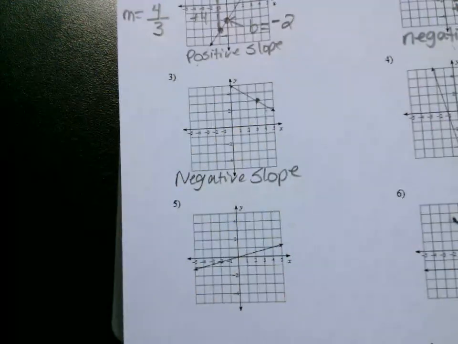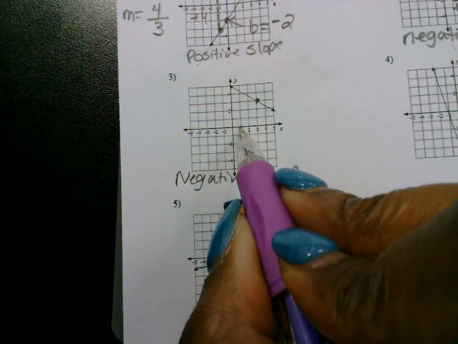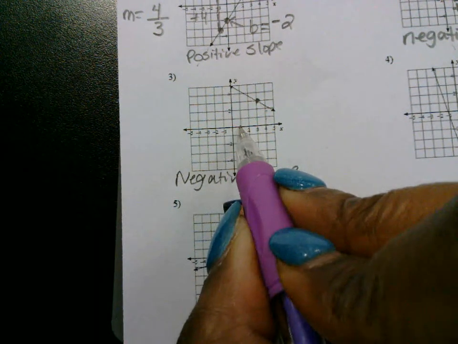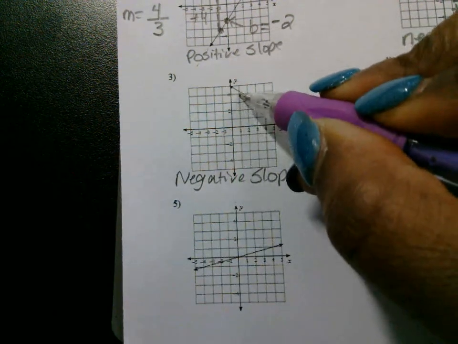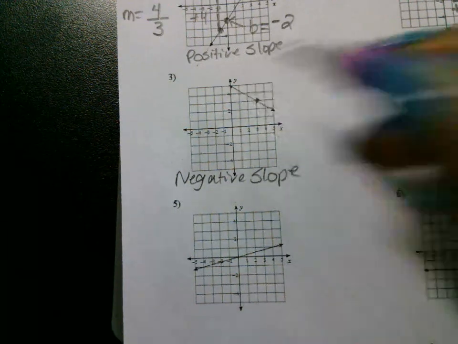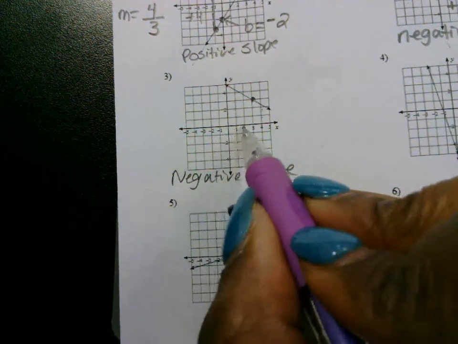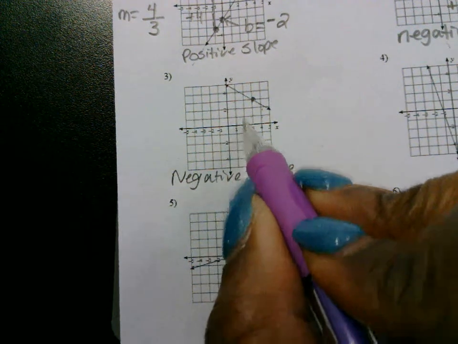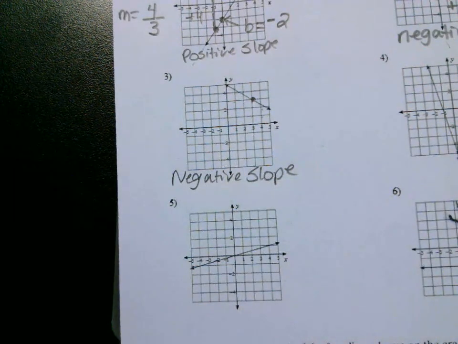What's another one? 1 and up 4. 1, 2, 3, 4. It's not perfect. It's a little under. You see how it's a little bit above that crease. It's still not perfectly in a crease. You can't use that one.